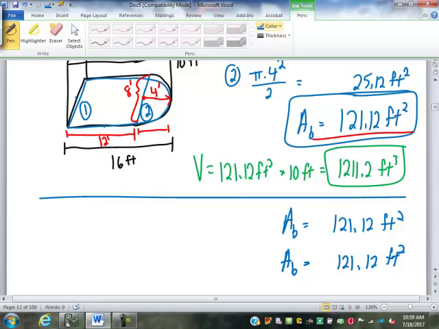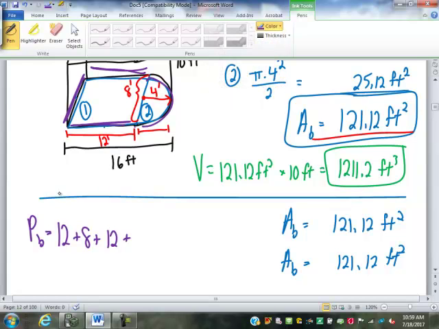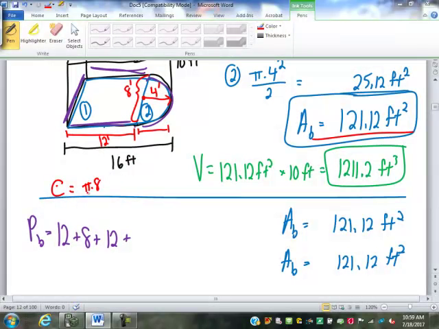To find the lateral area, we need the perimeter of the base. Well, we've got 12 here, 8 here, and 12 here. We need this arc here, which is going to be half of the circumference of a circle. So that circumference is going to be pi times 8, because it's a diameter of 8, divided by 2.